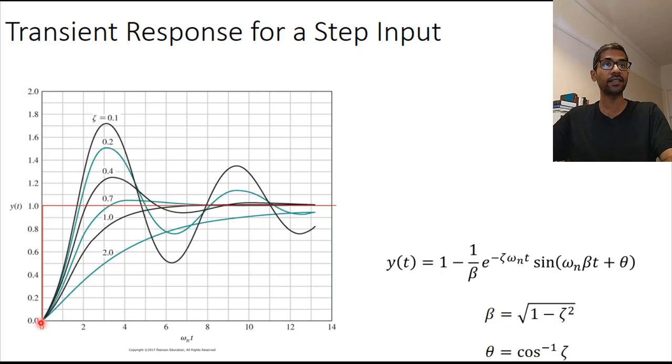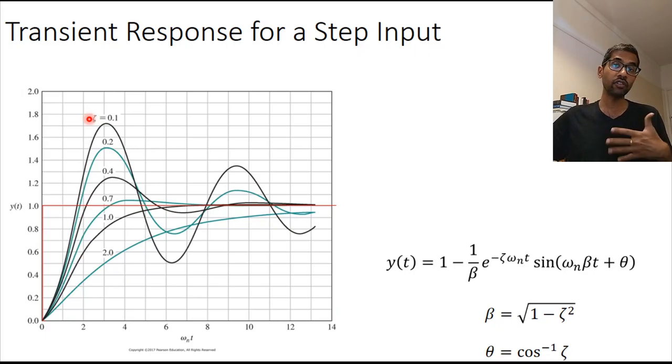So you can see that you have an oscillatory signal, but the amplitude of this signal is going down exponentially over time. And as t becomes infinite, this oscillatory part of the signal becomes zero, and you start reaching the steady state response. Okay. You can also notice that zeta is usually called the damping ratio of the system.